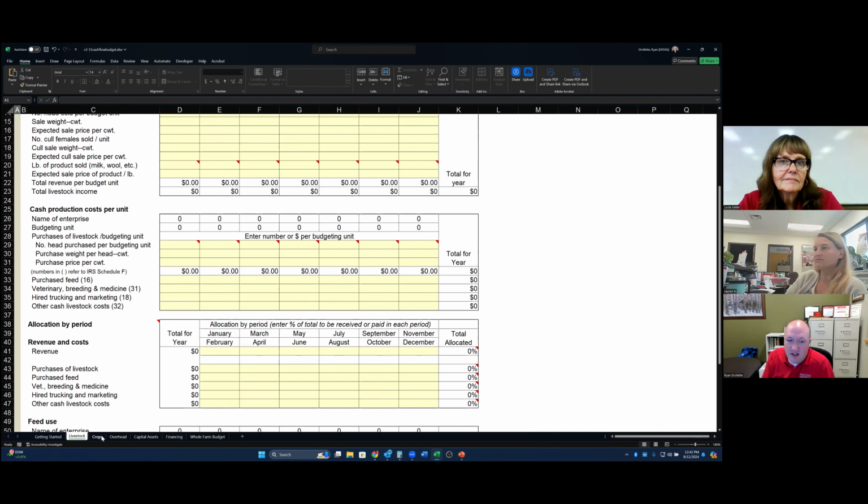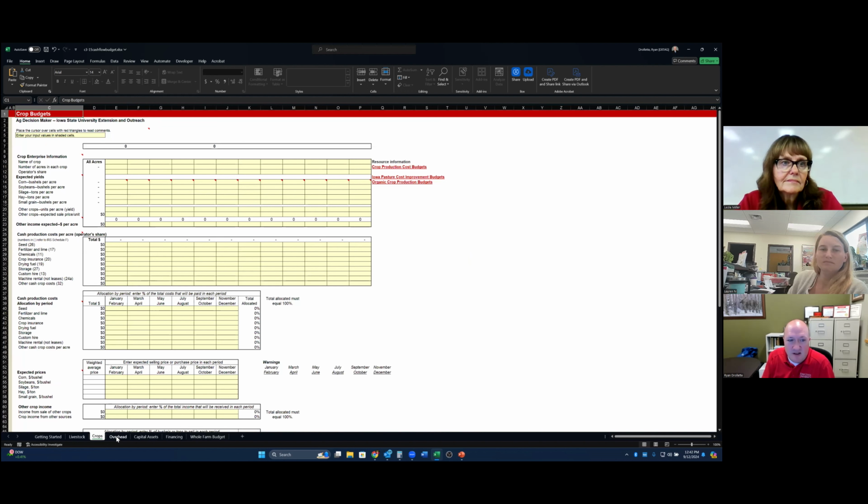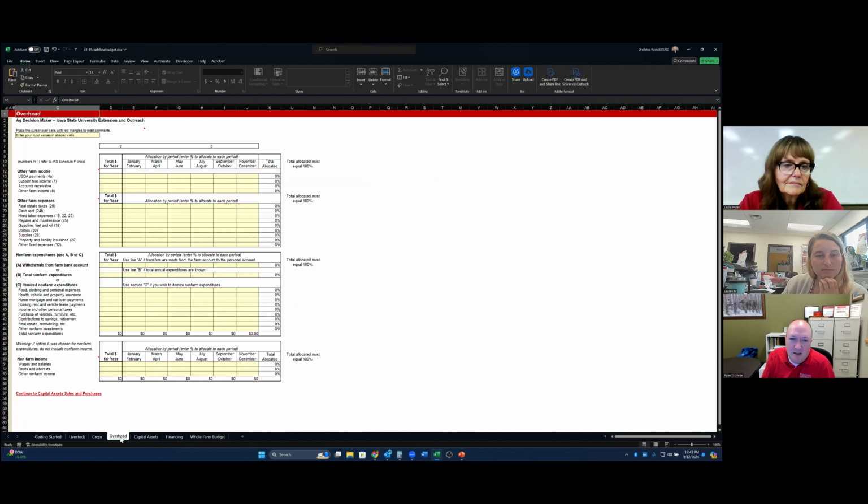So I've got one for livestock, the crops, the overhead, and it goes through each one of these on the different time periods as well, saying, this is helping me understand what my cash flow needs are throughout the year. And do I have time periods where I need a lot more cash to pay expenses, right? As we look forward.